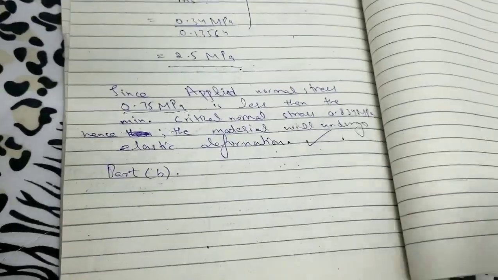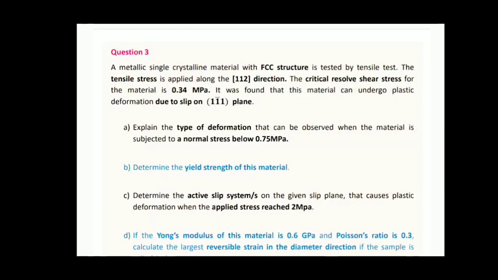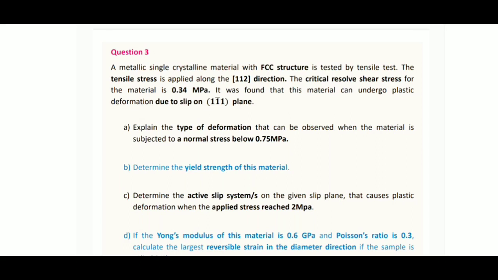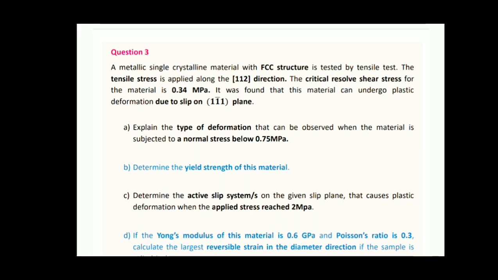Let me read the statement. In part B we are told to determine the yield strength of this material, and after that in part C we are required to determine the active slip systems. Determine the active slip systems on the given slip plane 1 bar 1, which is given to us. Active slip system means which slip systems will operate, which means where the deformation will occur.